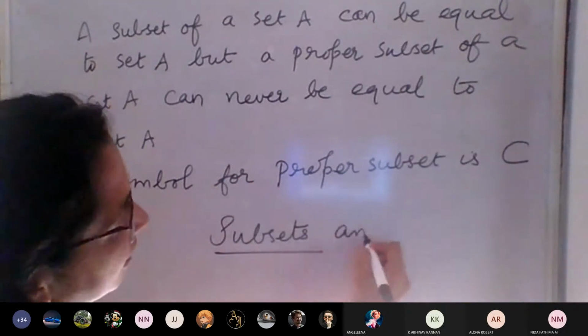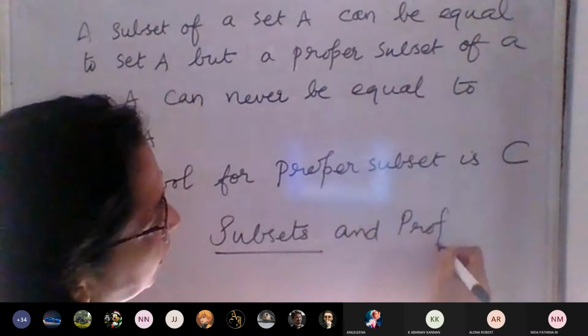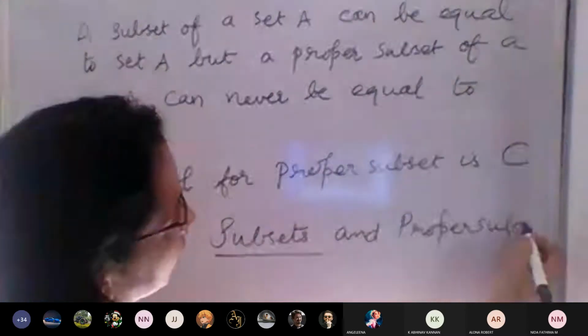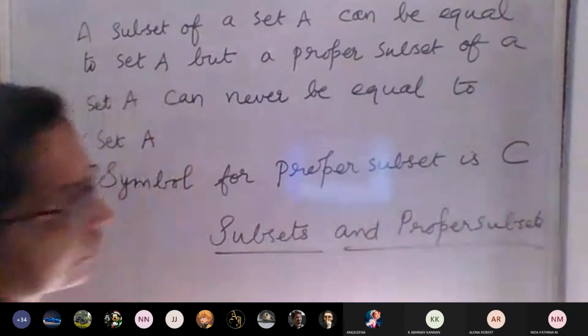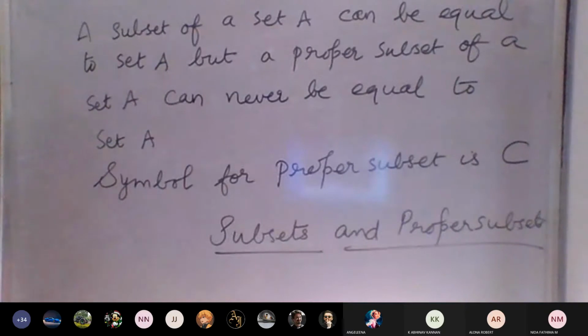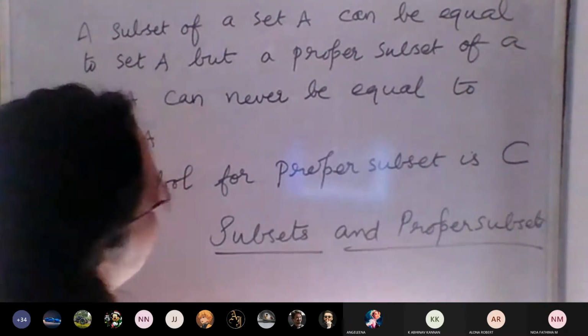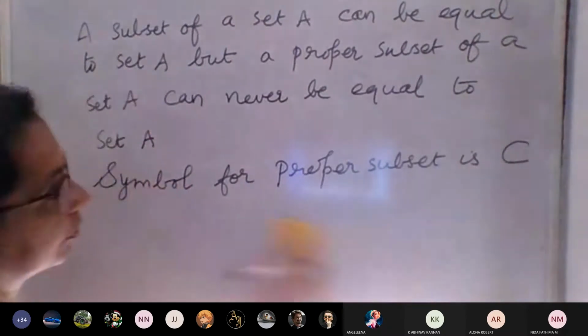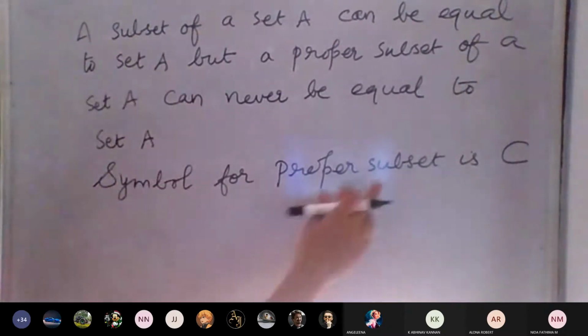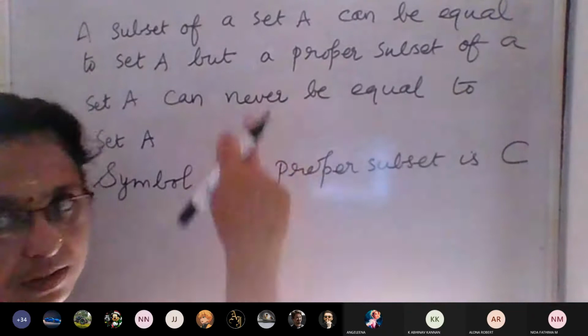Starting you write subsets and proper subsets. There you write the heading like this way. Starting we wrote subsets only, so subsets and proper subsets heading. Symbol for proper subset is this C.